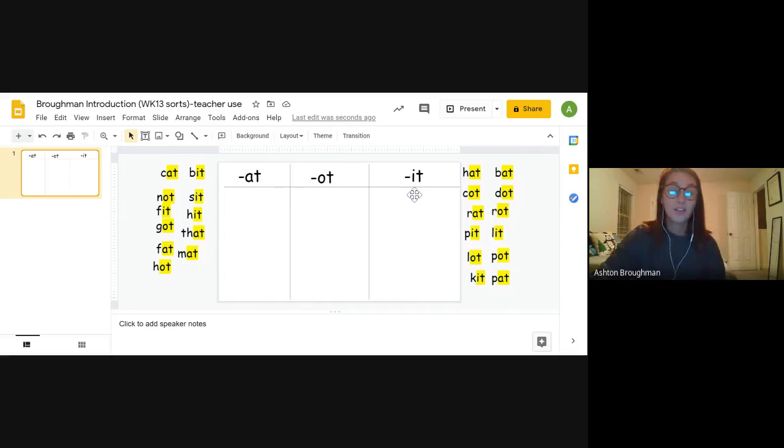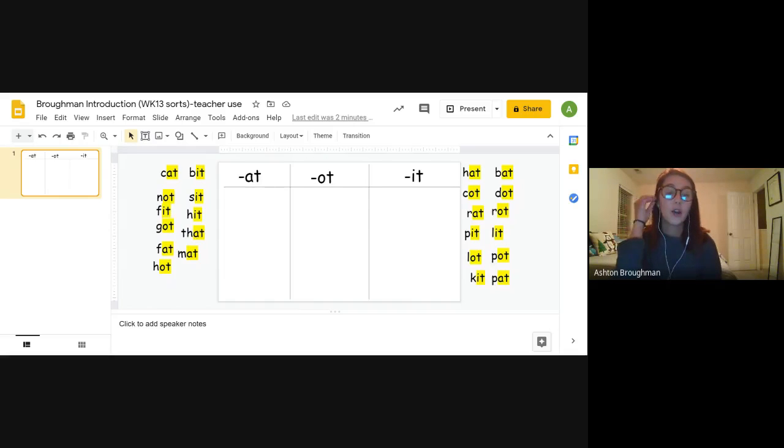And the last word family that we're working with is the it word family. It. This word family is made up of two letters, an I and a T. Can you say it? Good job. It. So let's practice.